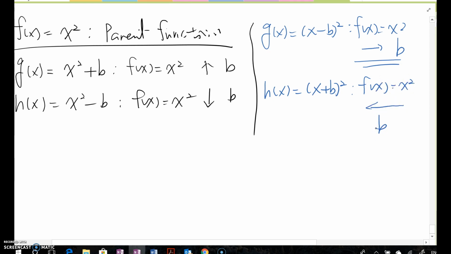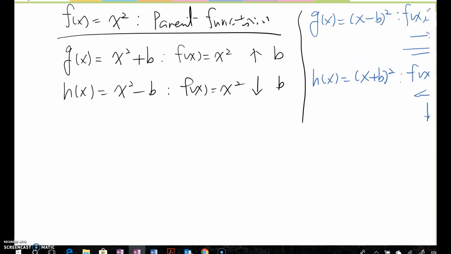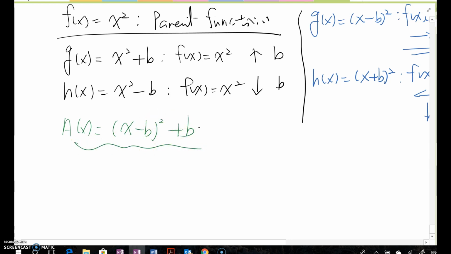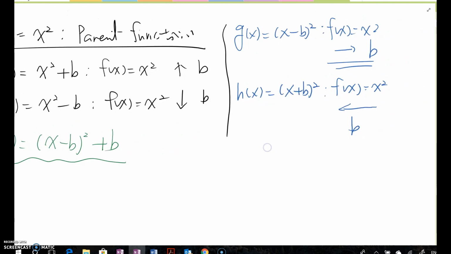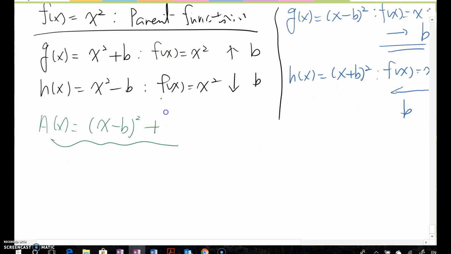So based on this fact and this property, if we have any given function a(x) equal to (x minus b) squared plus c, then we can apply this up and down, and right and left property here. So in this case, this is c. Then we can say right b units, up c value like that.